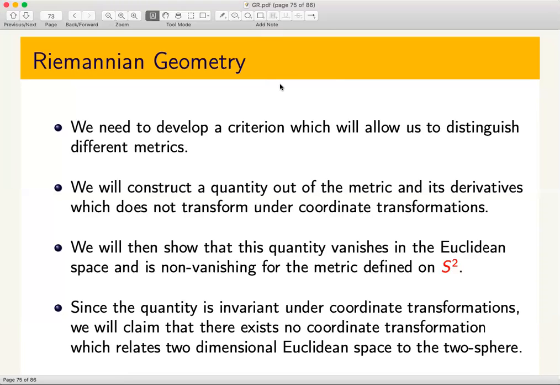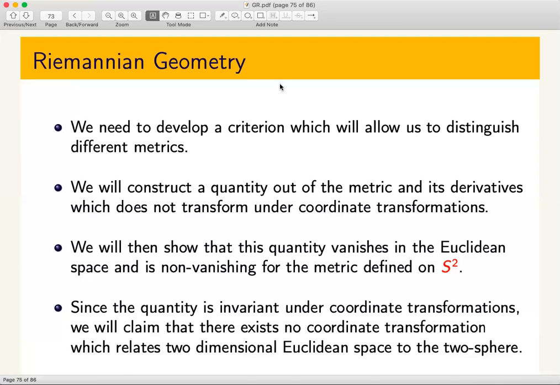So if you want to say that geometry A is different from geometry B, then we look at a metric describing geometry A and a metric describing geometry B, and we write down a quantity in terms of the metrics, use the metric GA to compute that quantity, use the metric GB to compute that quantity, and then ask, is this quantity the same? If the quantity is the same, then there is a good chance that these two geometries are the same. If this quantity is not the same, then you are sure that these two geometries are not the same.